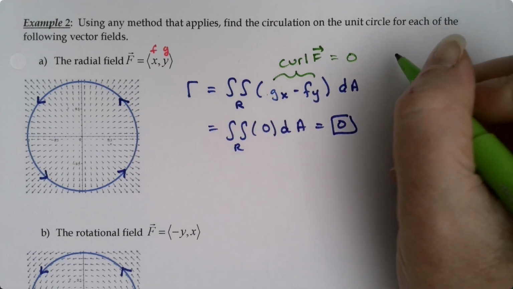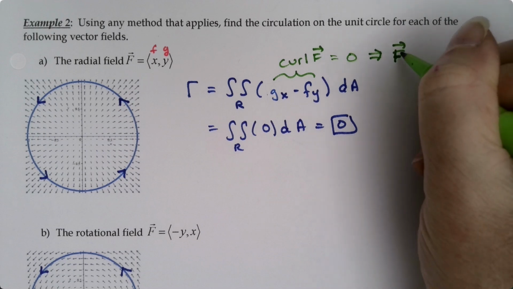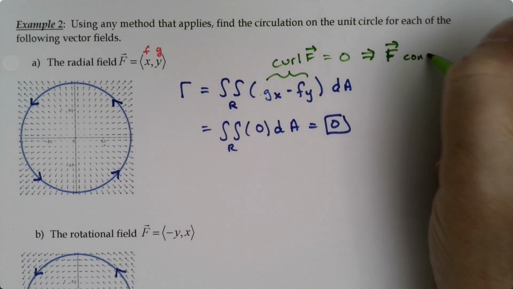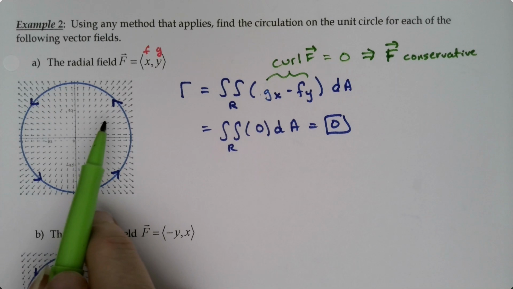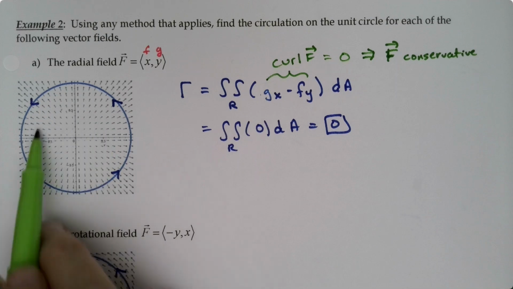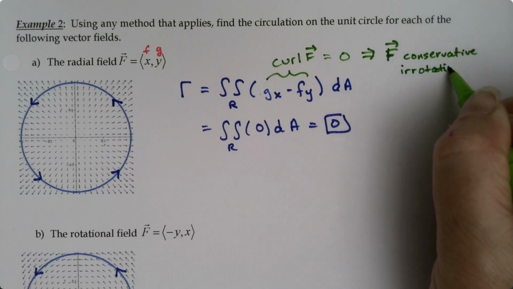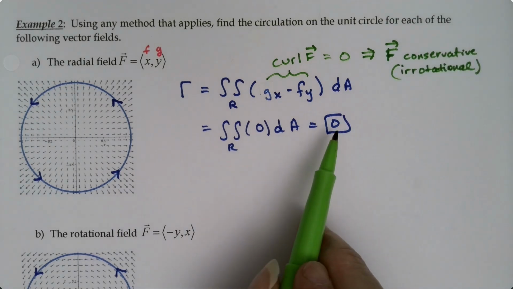And that means that our F was an irrotational vector field. It's a conservative vector field. Right? It has no rotation to it, which you can see when you look at it. Everything's coming out from the origin. It has no rotation. It's irrotational. And therefore, the circulation is 0.